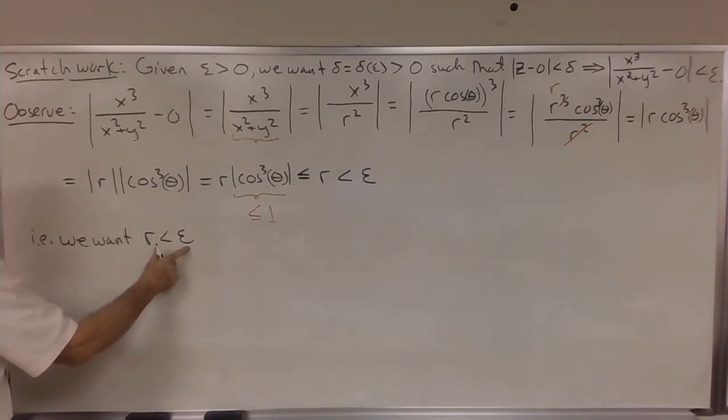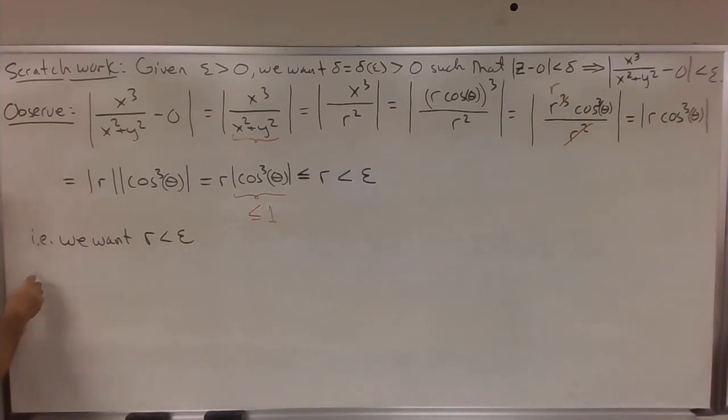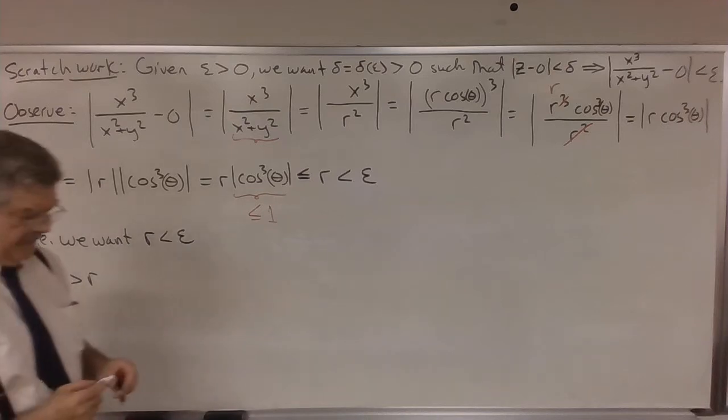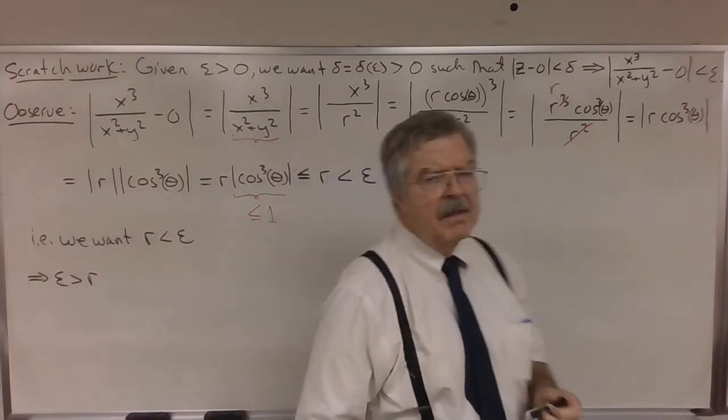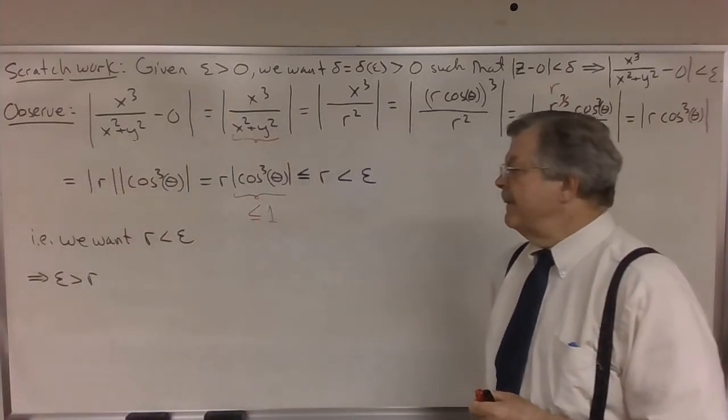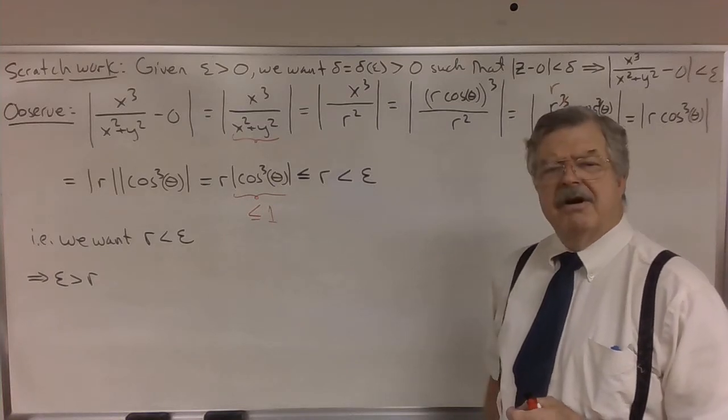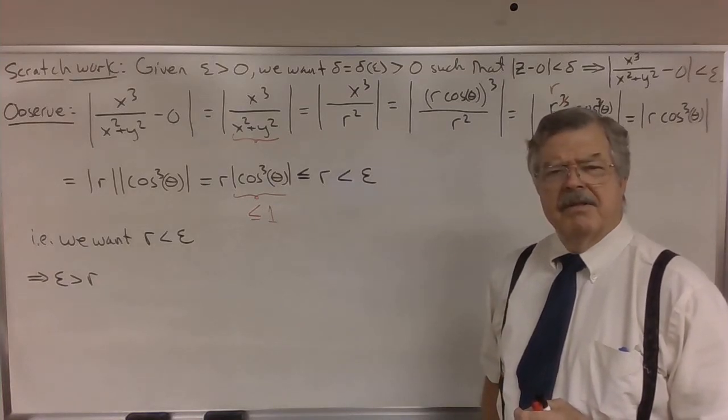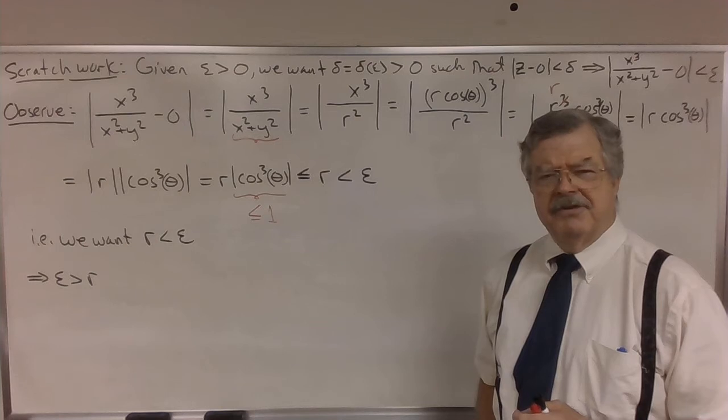Now, r less than epsilon, that's the same thing as epsilon greater than r. But what is r? That's the modulus of z, right?